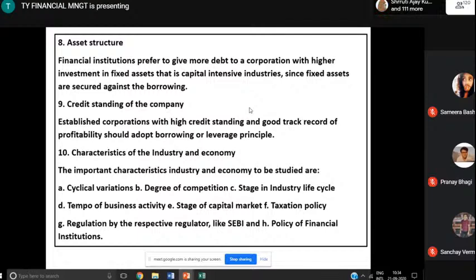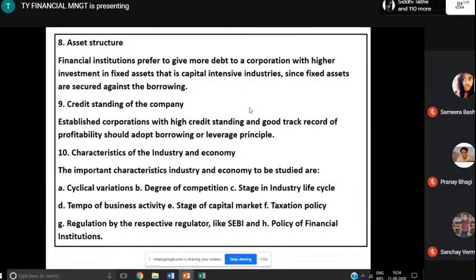When you ask for some borrowing from a financial institution, will you get it? Yes. Why are Indian hotels borrowing so much? Financial institutions prefer to give more debt to a corporation with a higher investment in fixed assets.